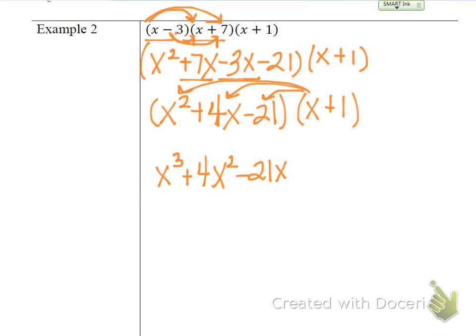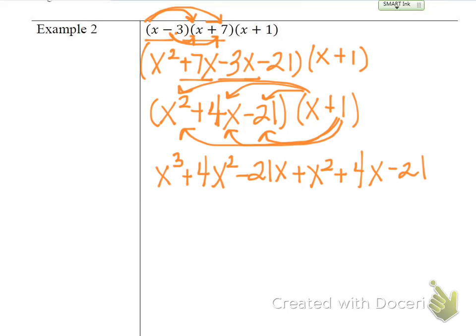And if you guys notice, when I multiply the 1 by everything, that's going to make it really easy for me. 1 times x squared is plus x squared. 1 times 4x is plus 4x. And 1 times negative 21 is minus 21. So our last step here is to combine like terms.